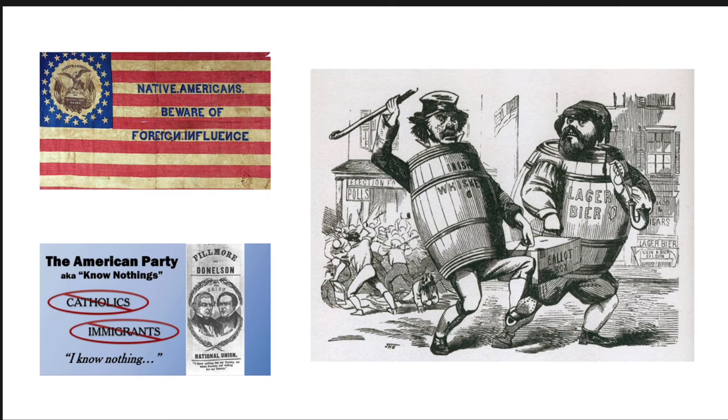In 1840, Catholicism was the 5th largest religious group in America. The largest were Baptists, then Methodists, then Presbyterians, and then Congregationalists, and then Catholics.